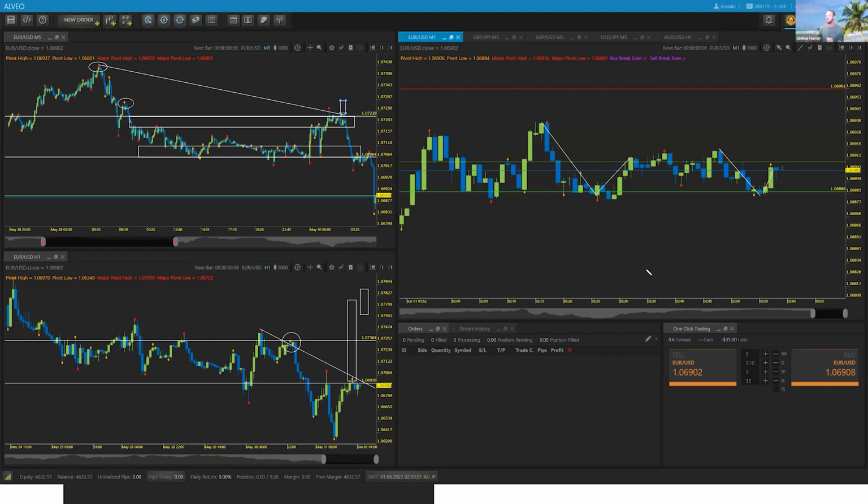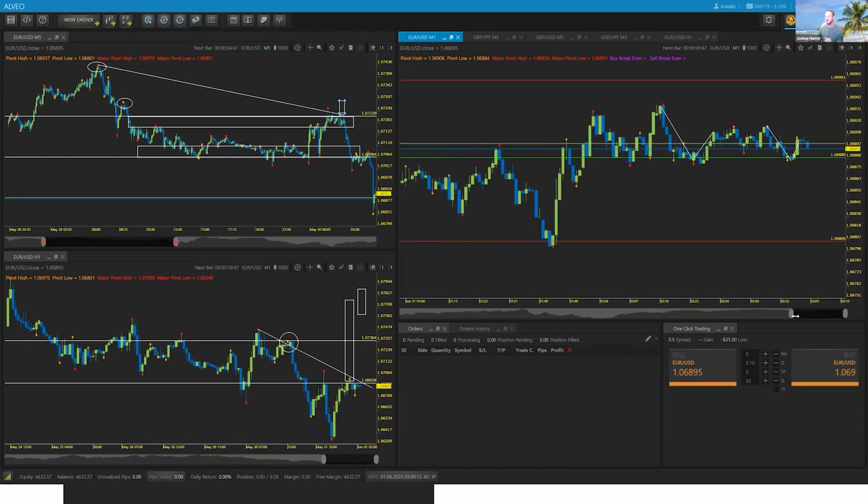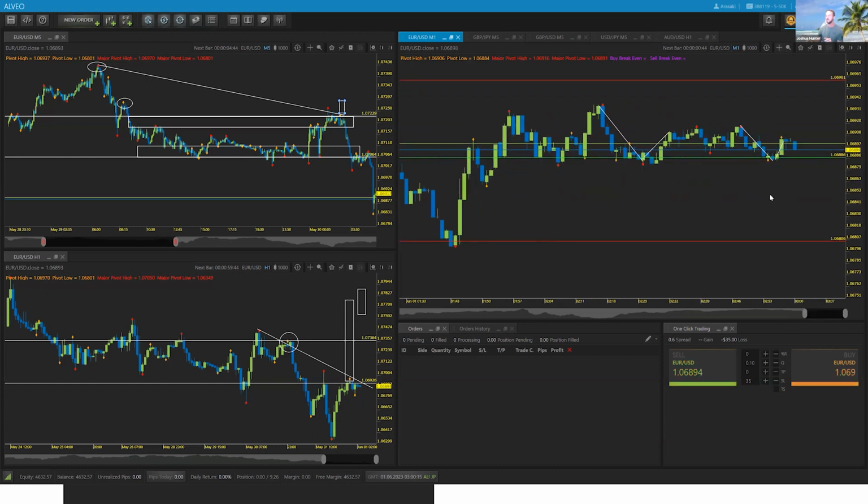As the market does what it does, paying attention to 50% on every aspect of it will give you insight into probability. Absolutely. As you see it continues to fail the 50% of the main consolidation, the probabilities do two things. It's either going to keep hitting it until it breaks it, or it's going to go to the upside.